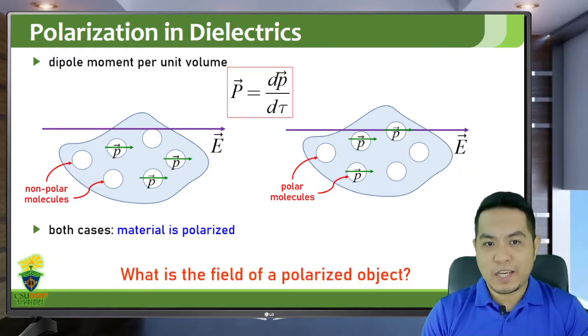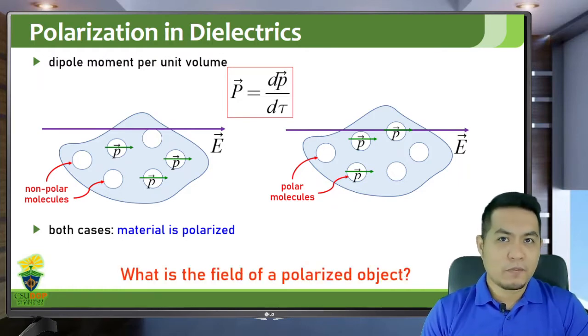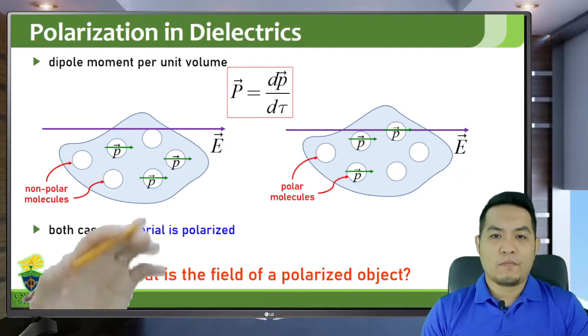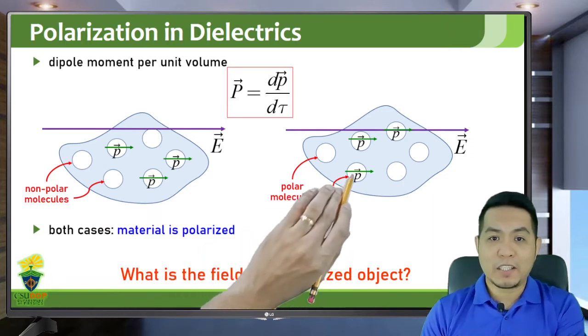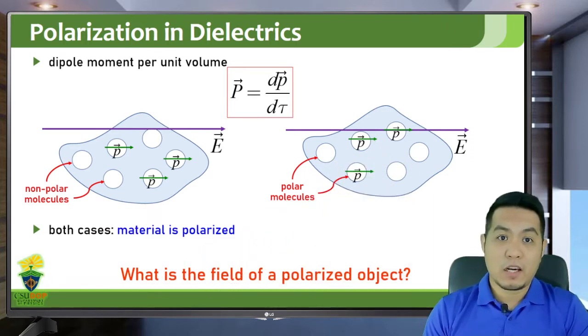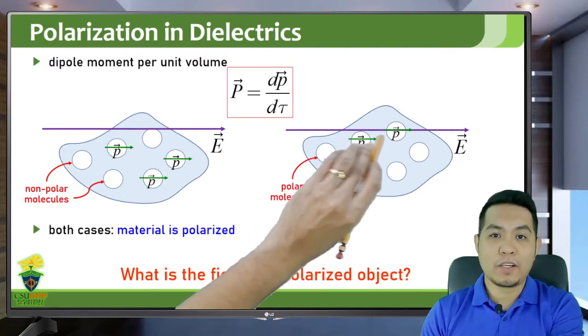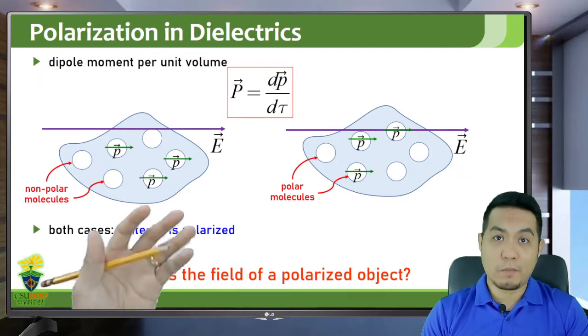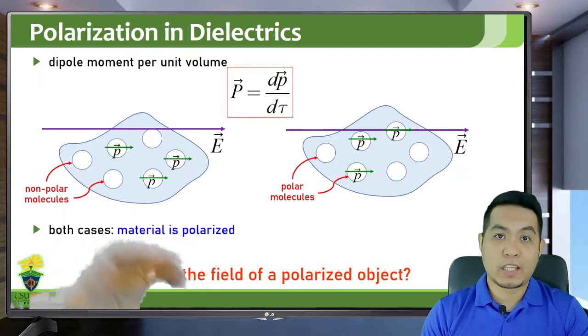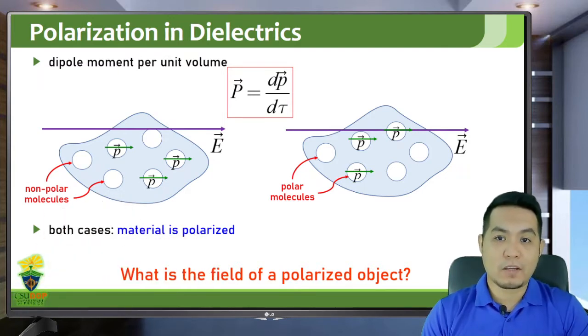The question now is, what is the field of a polarized object? We can do this by integrating the electric field of every dipole. Since we already know the potential of a dipole, the negative gradient of that is the electric field of a dipole.